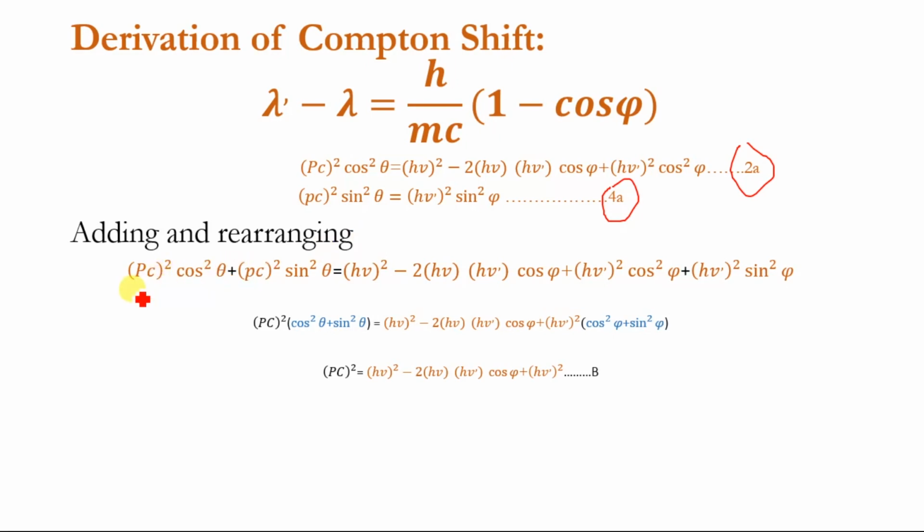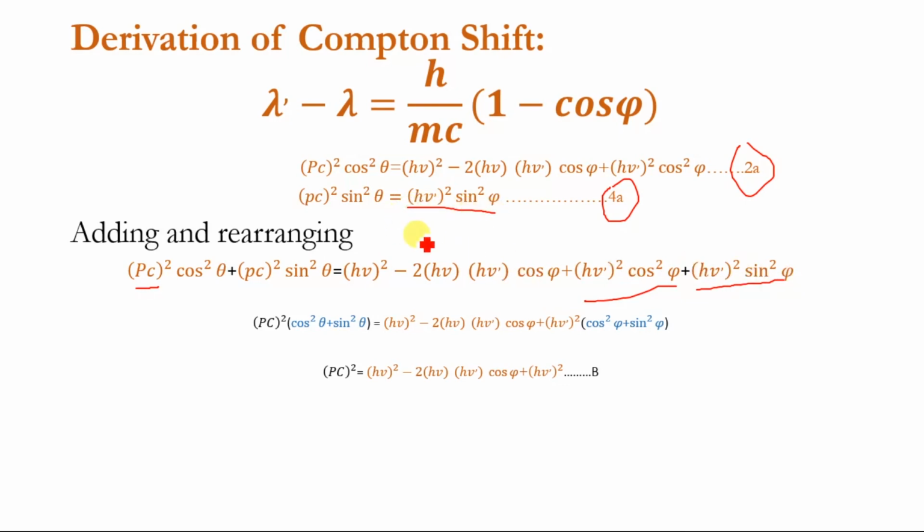After adding these equations, pc whole square cos square theta plus pc whole square sine square theta is equal to h mu whole square minus 2 h mu dash cos of pi plus h mu dash square cos square pi plus h mu dash whole square sine square pi.